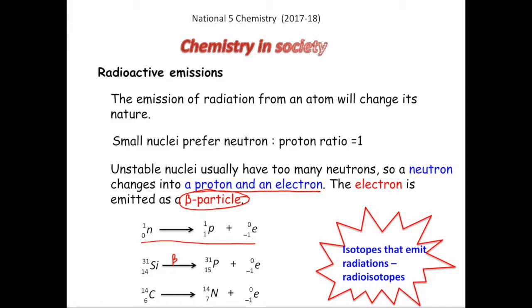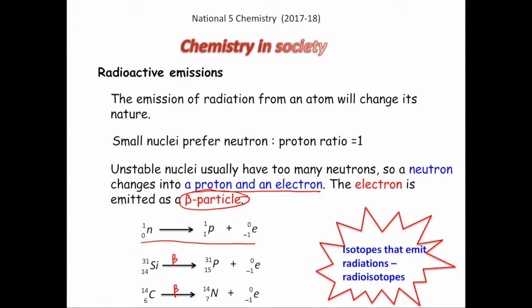Carbon, when it emits a beta particle, will change into nitrogen and an electron or beta particle is emitted. If you look at the equations again very carefully, you will see that whenever beta emission takes place from an element, it generally changes into another element that is subsequent to it in the periodic table.